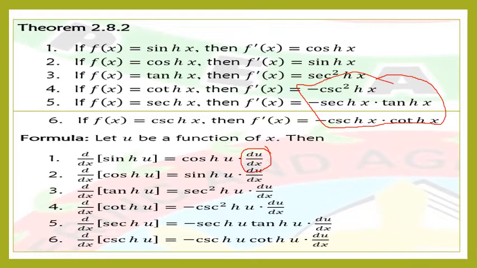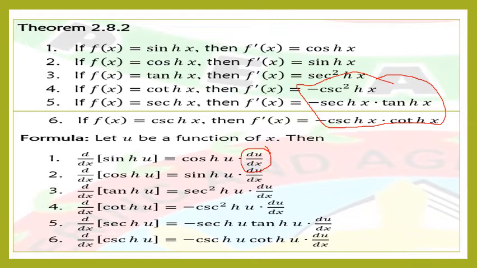Sine inverse of u, derivative is 1 over the square root of 1 minus u squared times derivative of u. And then, sa ikalawang formula, hyperbolic cosine of u is equal to the hyperbolic sine of u times du over dx. Tangent h of u is equal to the secant h squared of u times du over dx.